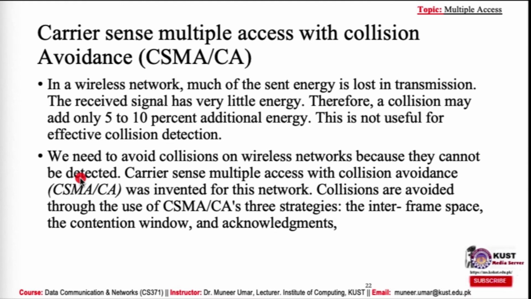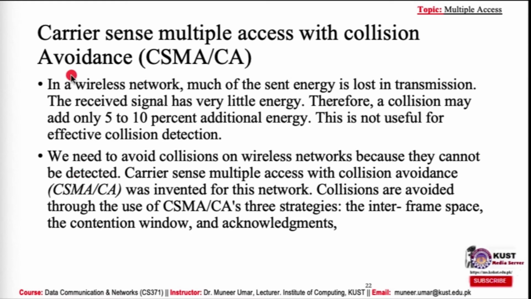In simple words, there would be very little energy loss in wired networks. So this would mean that in case of a collision, the detected energy would be almost double due to the reception of signals from two sides, one signal and the other from the other station.